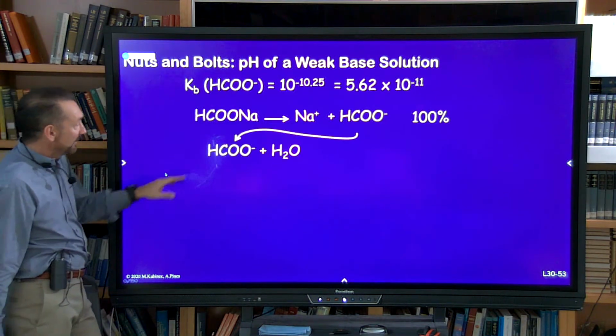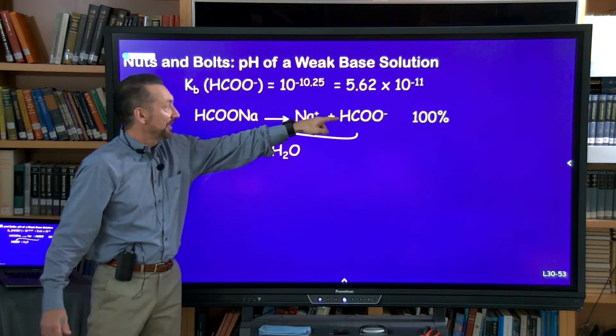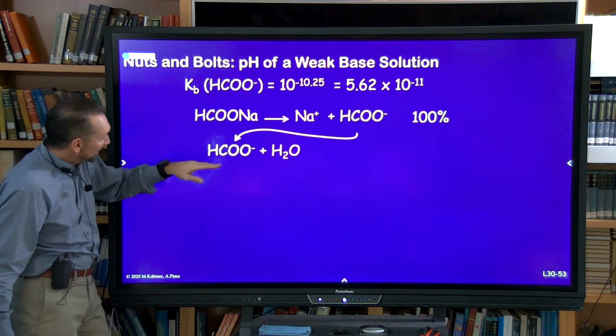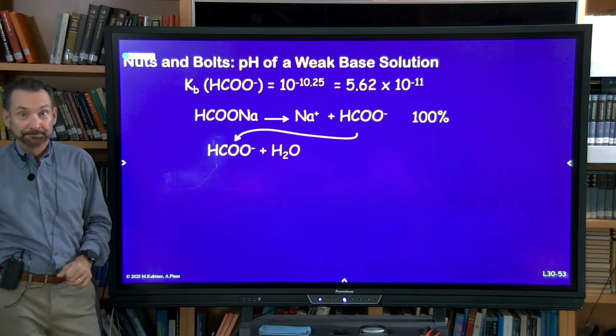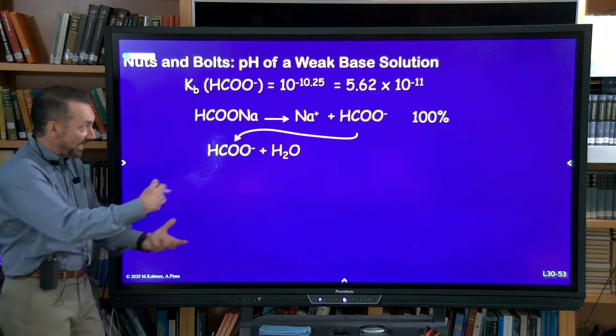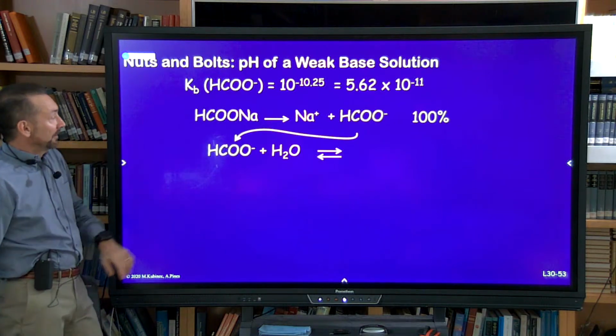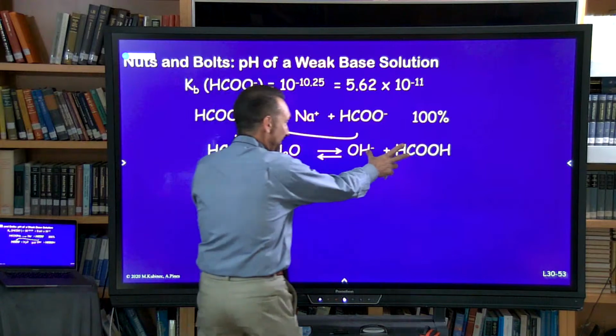This reaction goes 100%. That's just a sodium salt dissolving in water. And then this stuff reacts with the water because it's a weak base. And we know it's the weaker of the two bases. We just went through that argument. So that in equilibrium with water, I can write that down. I know the K for this reaction.